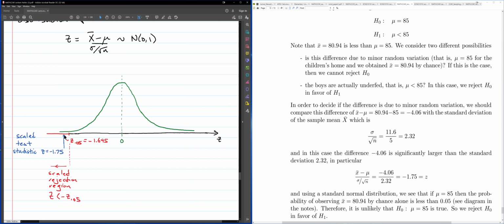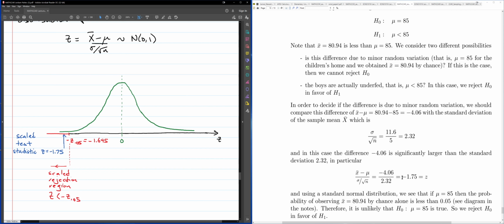So you have a small probability of ending up in this critical region. And you see this minus 1.75 actually is in this critical region. So the probability of it ending up in this red region just by chance alone is small. It's less than 0.05.